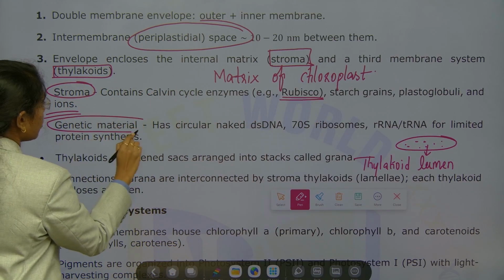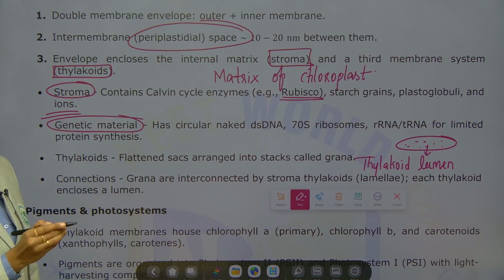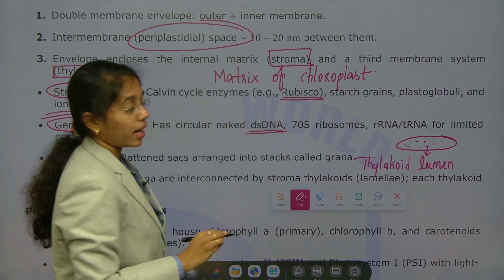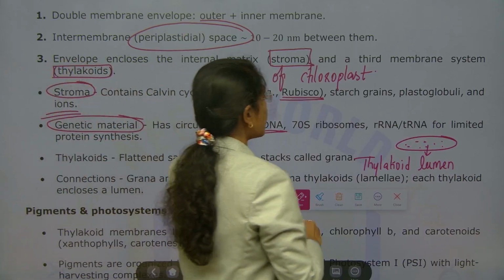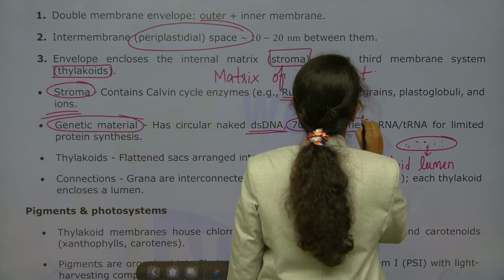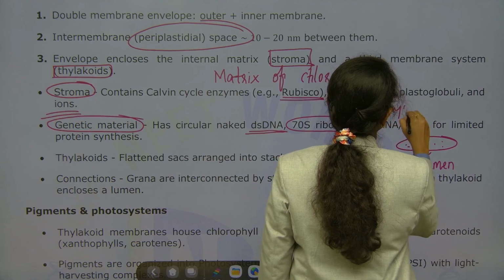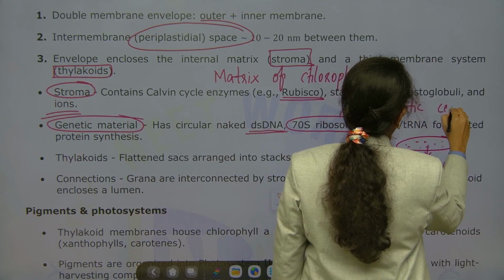What is the genetic material here? Genetic material inside the chloroplast is double stranded circular DNA, and it has 70S ribosomes, same as that of prokaryotic cell.